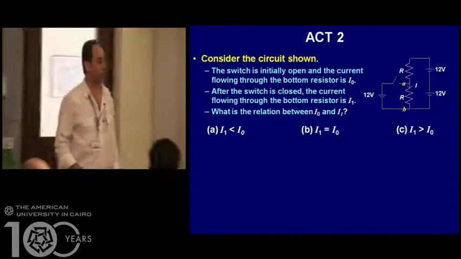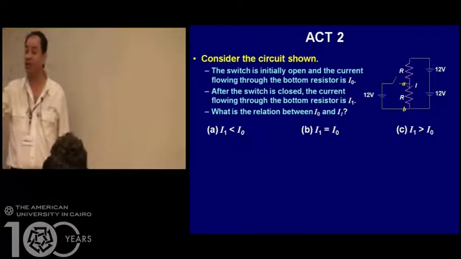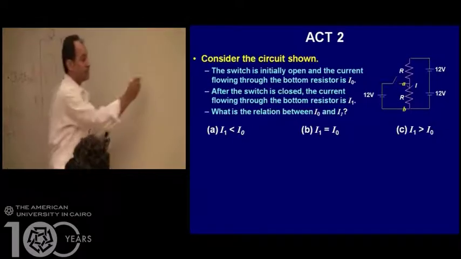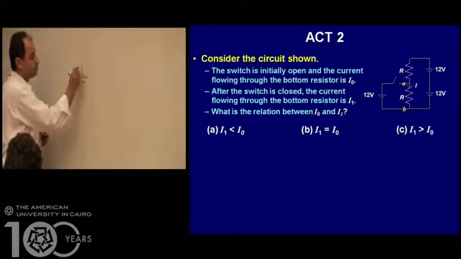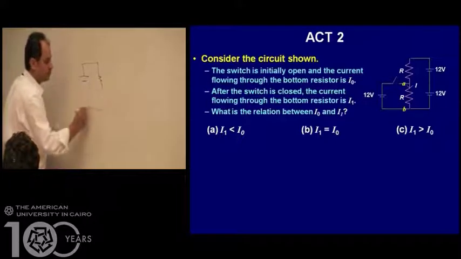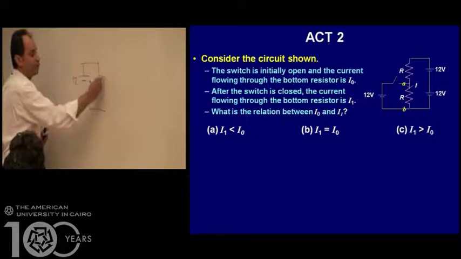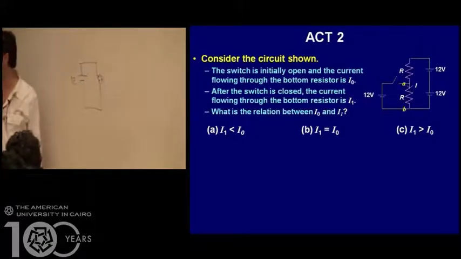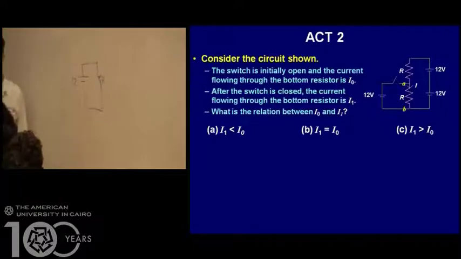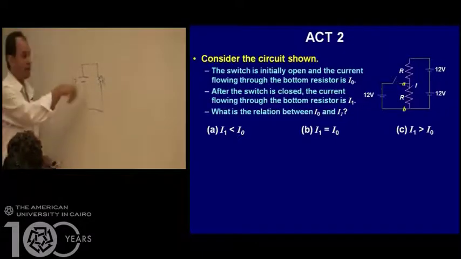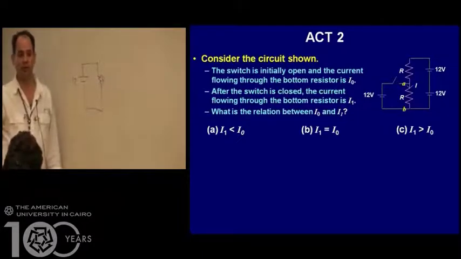After we switch the switch on, I'm going to draw only the small loop. This is the small loop after I put the switch on. Okay, guys? So in that loop, which direction should we choose?